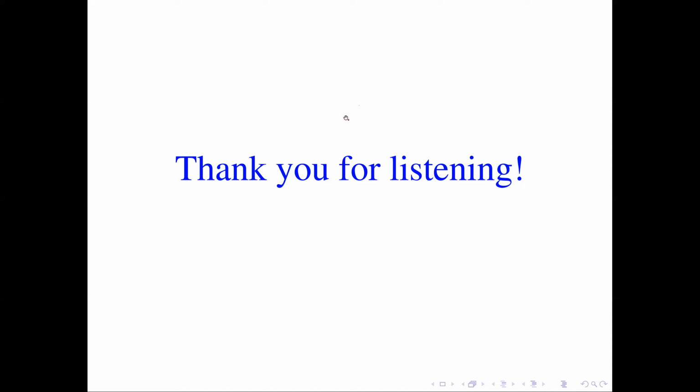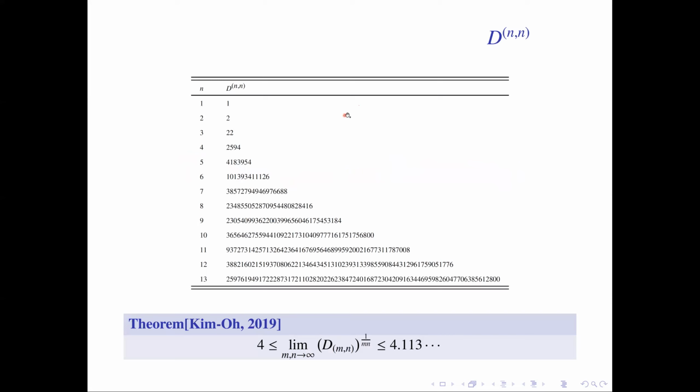I have one question. How did you compute those numbers shown in the last slide? This table, right? The numbers are from our main theorem, and we computed them using MATLAB.